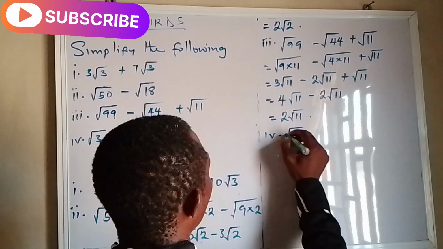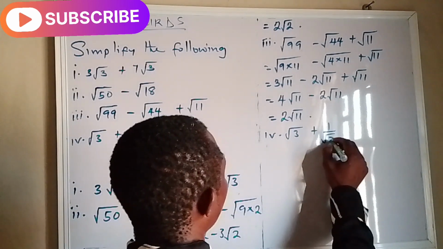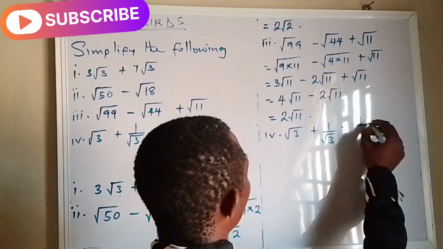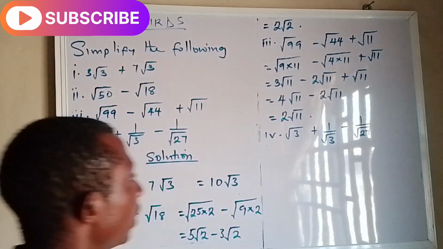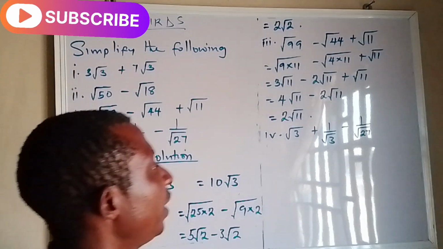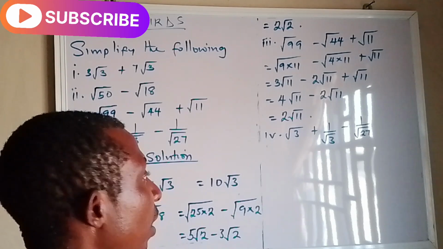Okay, now let's look at the fourth one. We have square root of 3 plus 1 over square root of 3 minus 1 over square root of 27. Now, I can see that this is a multiple of a perfect square. That's 3 times 9.